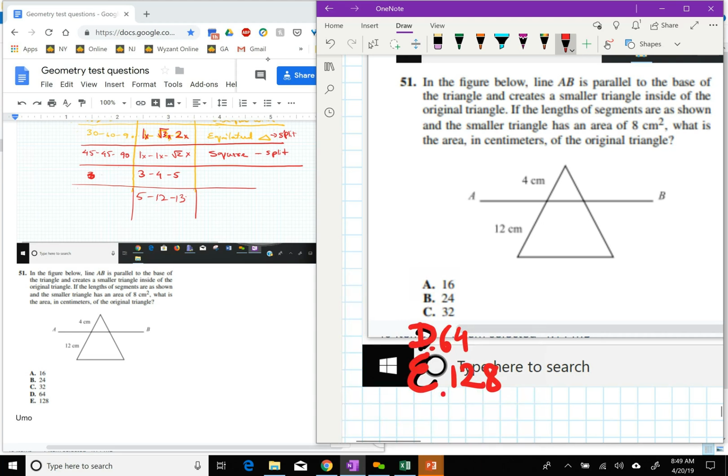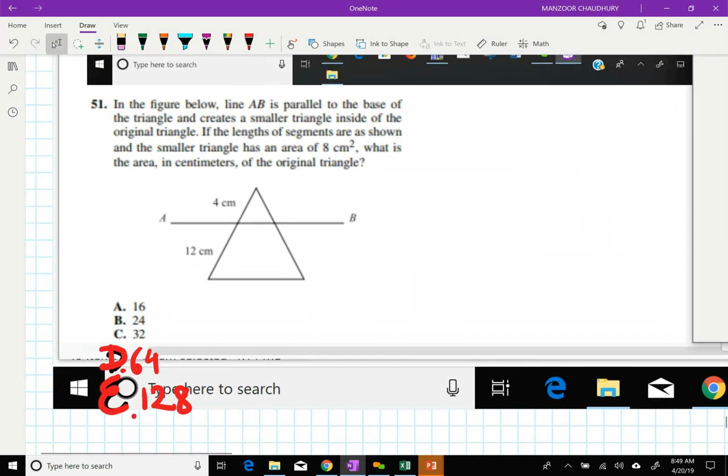If the lengths of segments are as shown, the smaller triangle has an area of 8 centimeters squared. What is the area in centimeters squared of the original triangle?